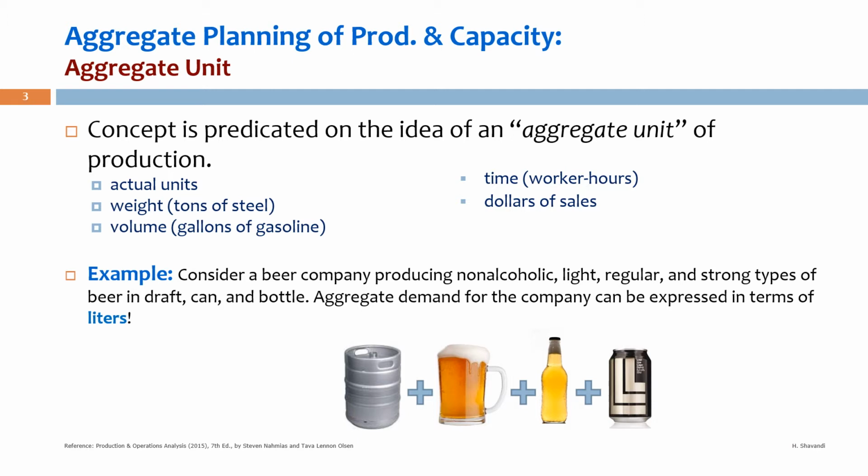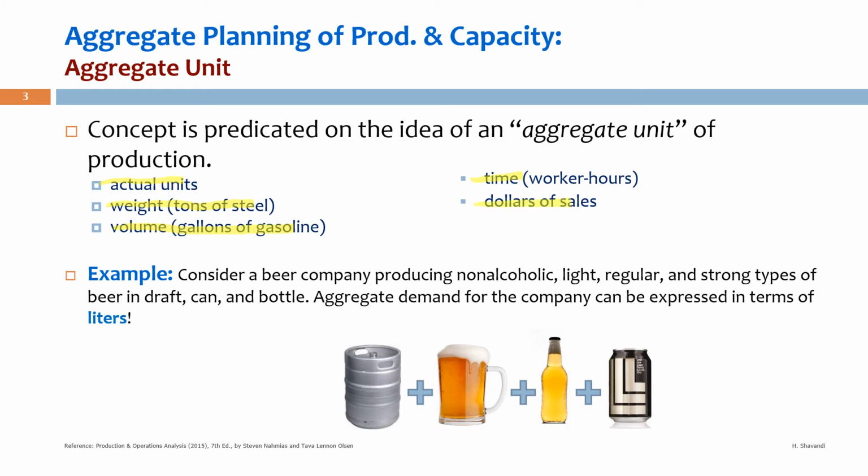So here we need to define an aggregate unit in order to combine all those individual items. The aggregate unit could be defined based on actual units or weight, for example, tons of steel, or based on volume, for example, gallons of gasoline, or based on time or maybe dollars of sales.